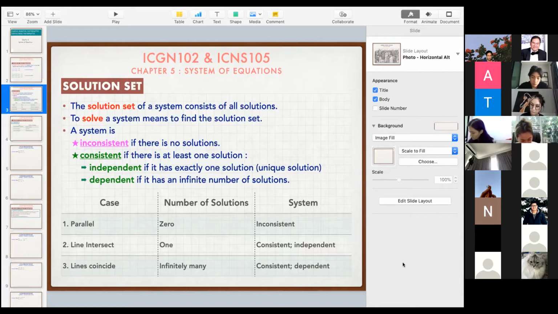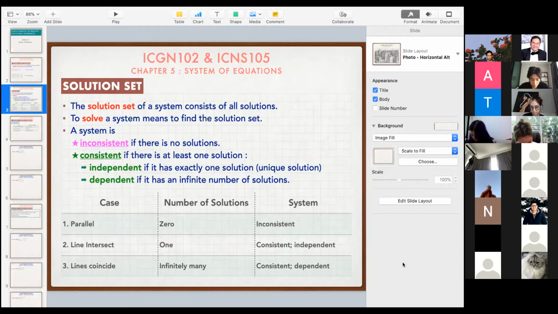A system is inconsistent if there is no solution. That means if you solve for x and you solve for y and you don't have any solution for x and y at all, it means that the system is inconsistent. When we talk about the system, a system is consistent if there is at least one solution.